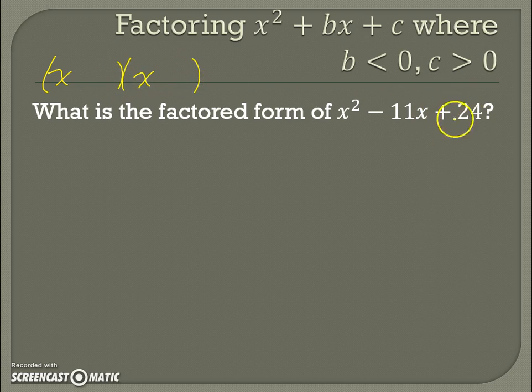So the signs of these two things are going to be the same as this. So this is negative. Let's do that again. So x minus and then x minus. Anytime this is positive, then the signs of my two binomials, my operation in the middle, are going to be the same as this. So I go ahead and just fill that in.